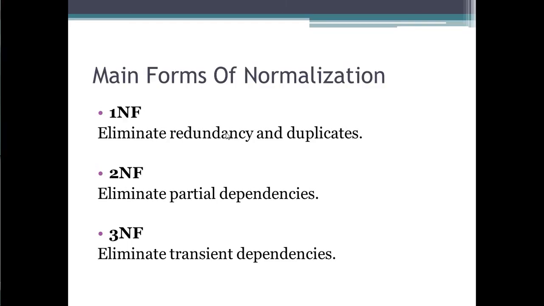So what 2NF does is it finds that certain columns in a row may be dependent on only part of a primary key when it is a composite key. So when that is the case, you want to get rid of those partial dependencies, because you don't want a table to contain columns that are only dependent on part of a primary key.